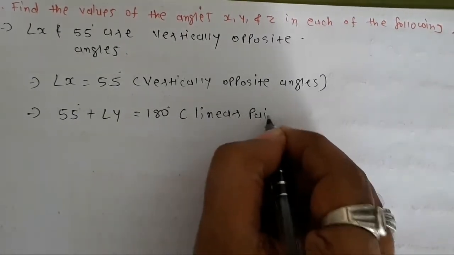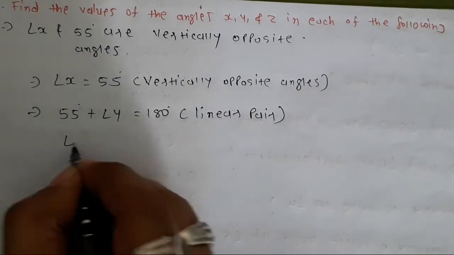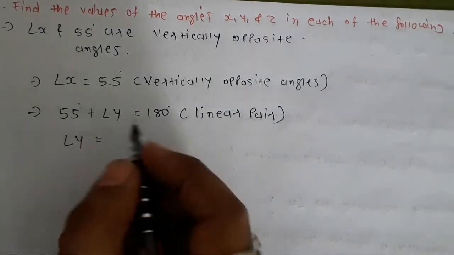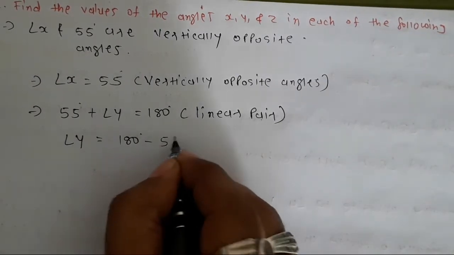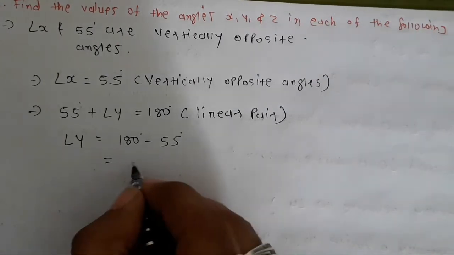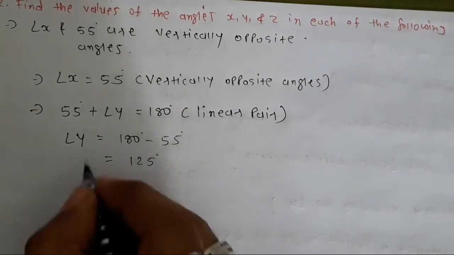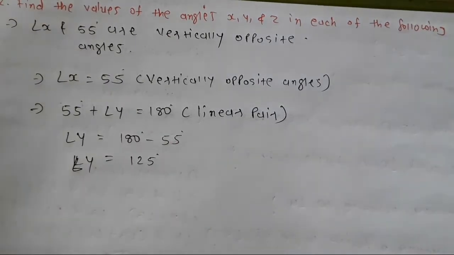Angle 55 degrees is also equal to angle x. Now if I change the side of 55 degrees, it becomes negative, so angle y is equal to 180 minus 55, which gives 125 degrees. This is the measure of angle y.